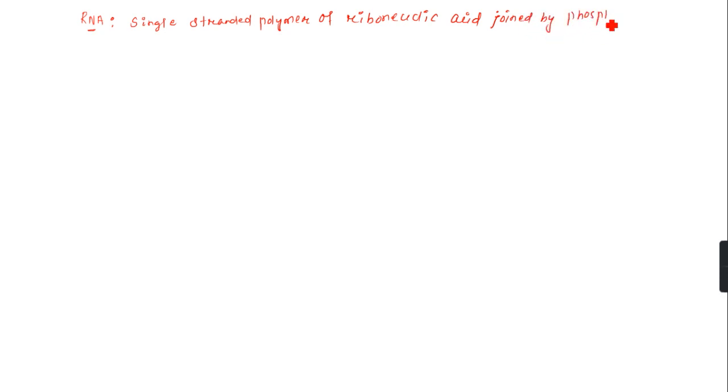Okay, let us discuss RNA. RNA is a single stranded polymer of ribonucleic acid joined by phosphodiester bond, or specifically 3'-5' phosphodiester bond.